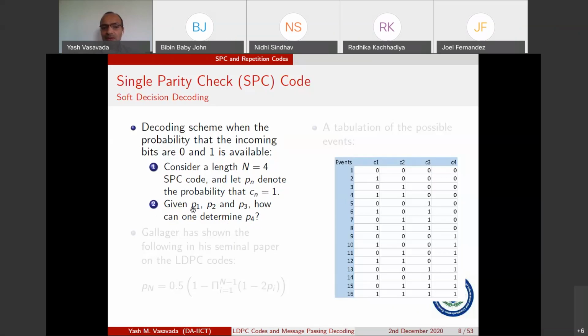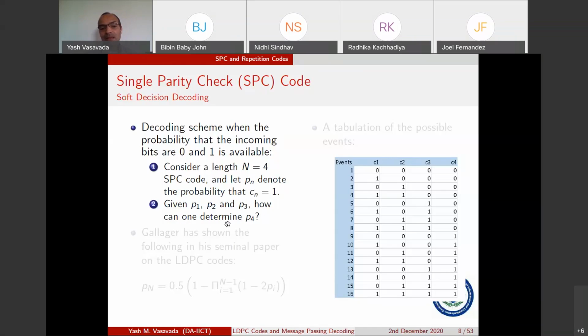Suppose the receiver has knowledge of P1, P2, and P3 only. The receiver knows P1, P2, and P3 somehow. Can it determine P4? I'll give you a high-level answer first, and then I'll ask you for the more detailed mathematical reasoning behind this answer.